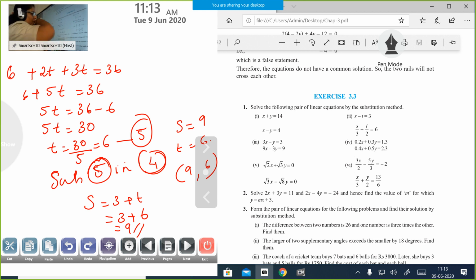This is one method. 4 by 10 x plus 5 by 10 y is equal to 23 by 10. It is simple, or you can do it directly with decimals. Okay, both questions are homework.